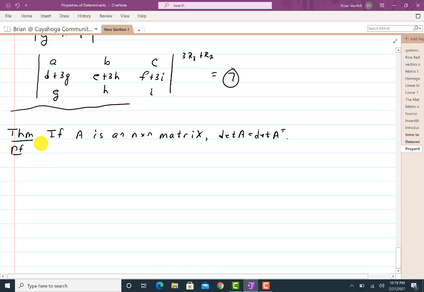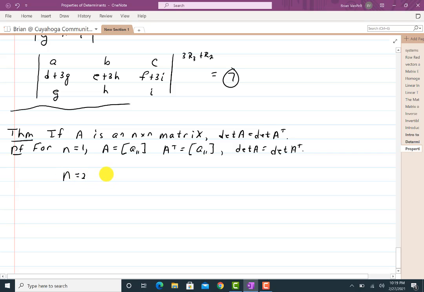Proof. For n equals 1, A equals, as before, A11. A transpose equals exactly the same thing. And so the determinant of A does equal the determinant of A transpose in that case.